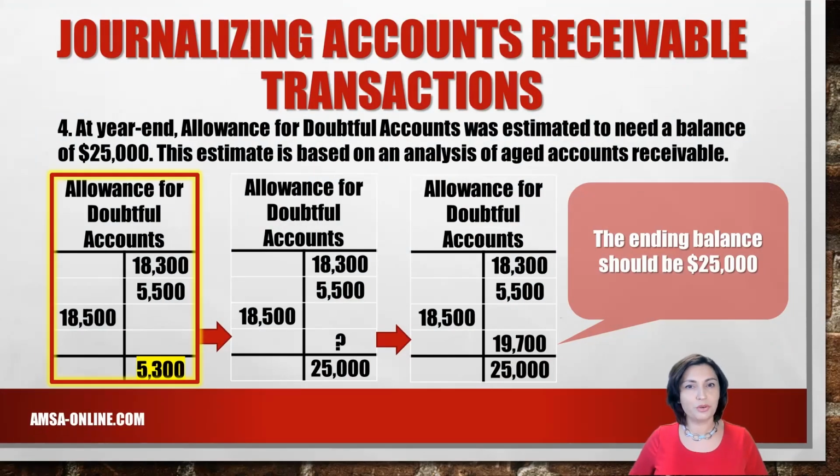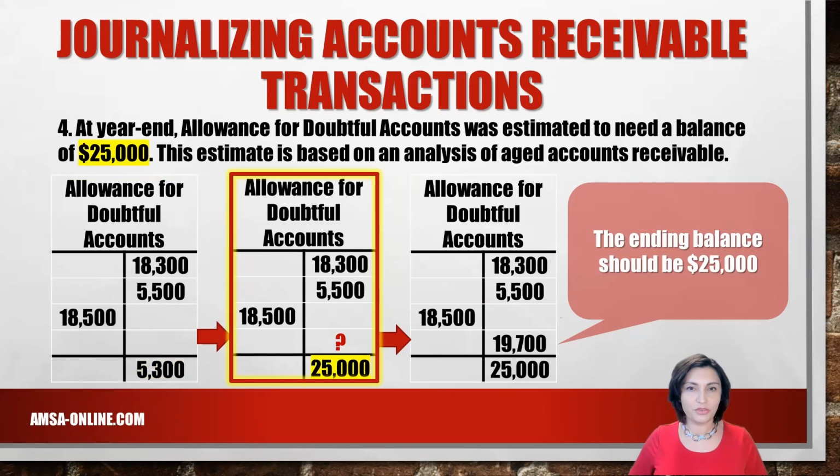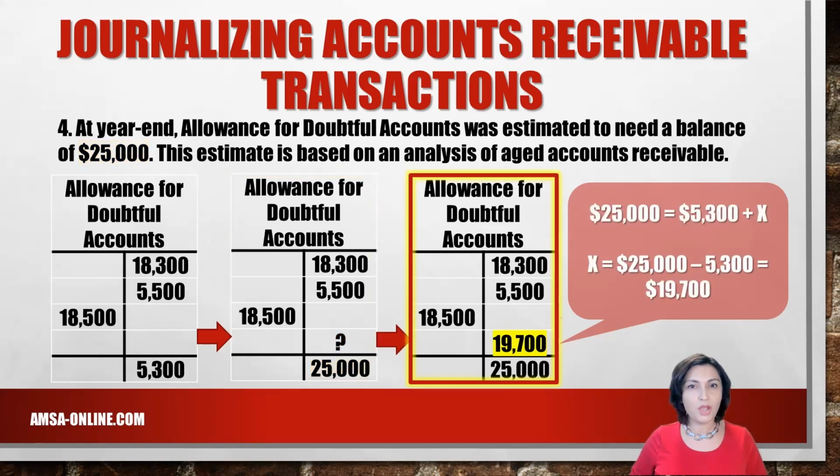Remember that when we recorded the first three transactions, the balance in the allowance account was $5,300. It should be $25,000. What is the required adjustment to increase the balance? We should increase the balance in the allowance account by $19,700, which is the difference between $25,000 estimated balance and $5,300 balance before the adjustment.